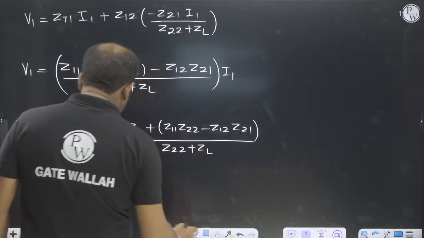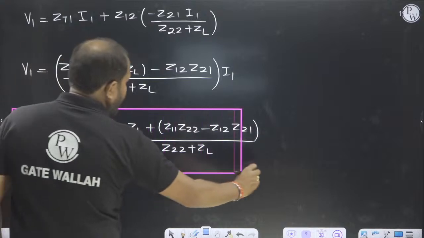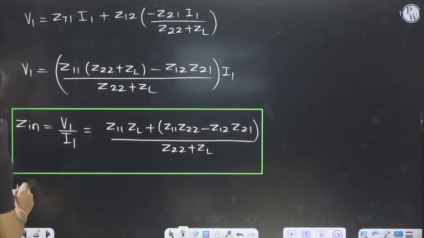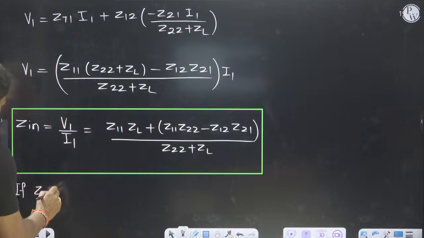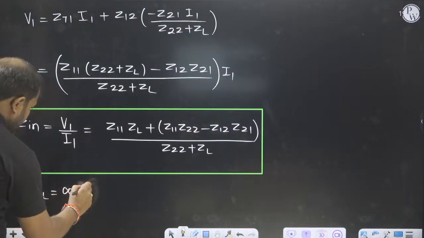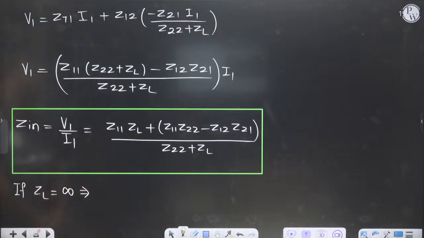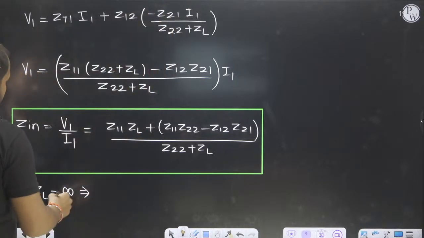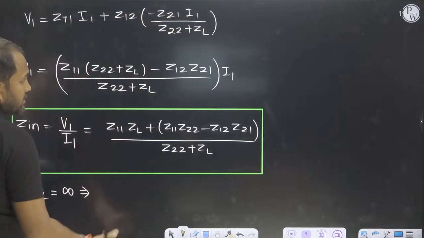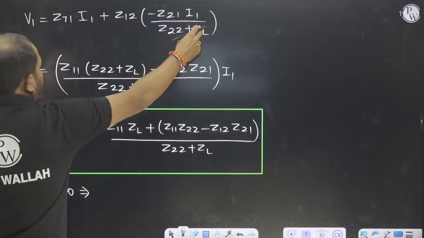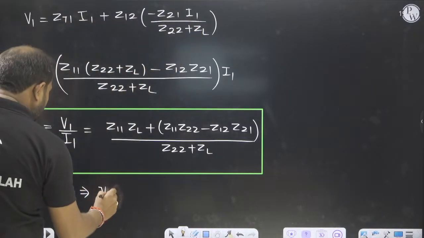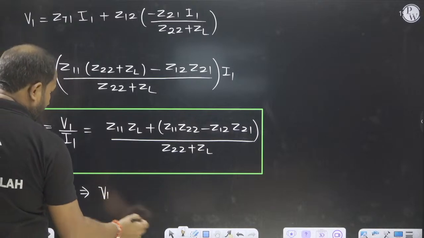This is the point here. If ZL is equal to infinite, what will happen? If ZL is infinite, this term will be 0. So I will put ZL equal to infinite here. Zin will be equal to V1 by I1.